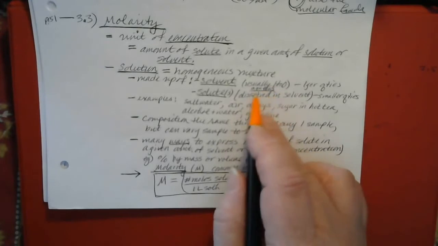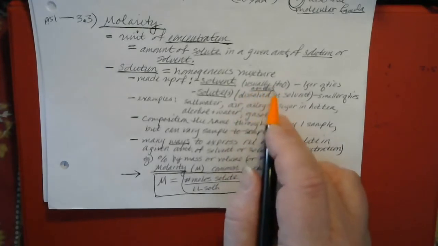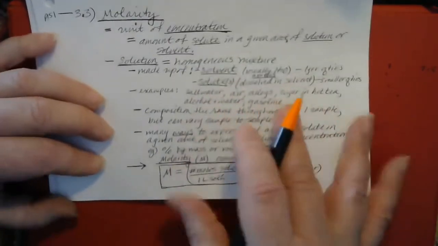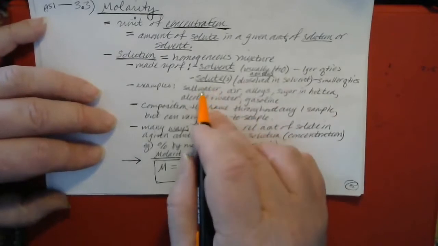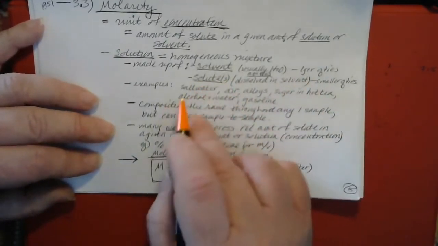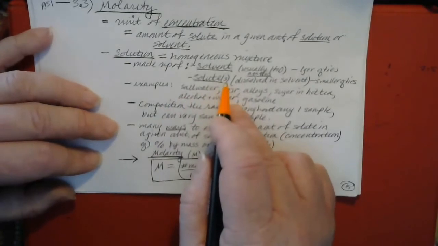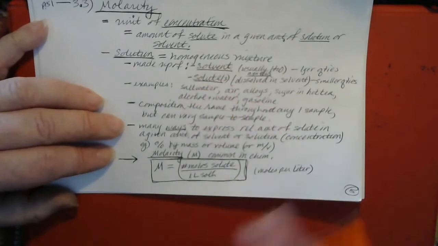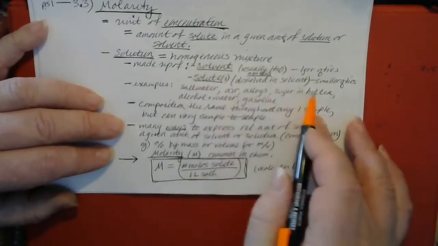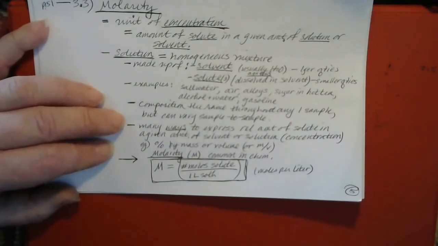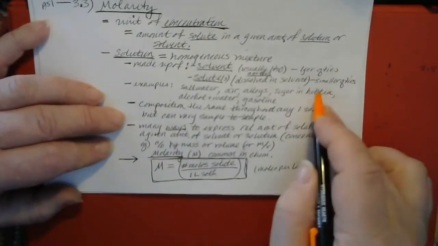If the solvent is water, then the solution is known as an aqueous solution, or the little (aq) in parentheses. And also in a solution, you will have at least 1 solute. It's possible that you could have more than 1 solute, but the solute is the stuff that's dissolved in the solvent. And the solute is usually identified as being the substance or substances present in smaller quantities.